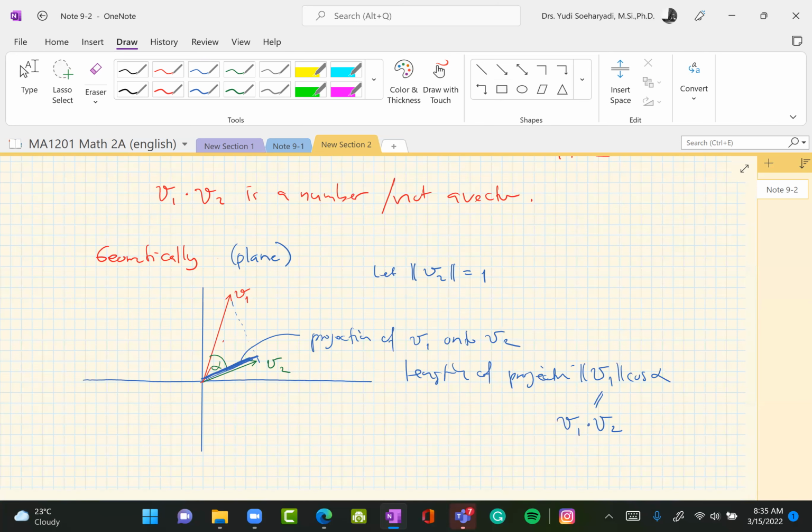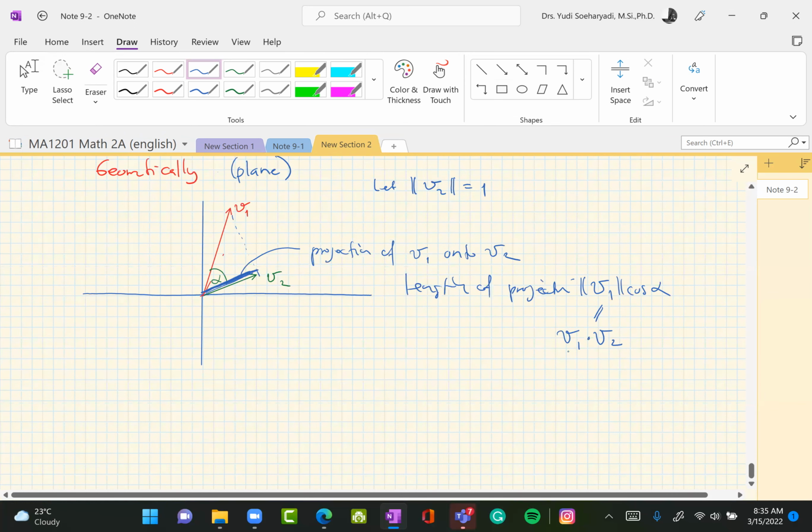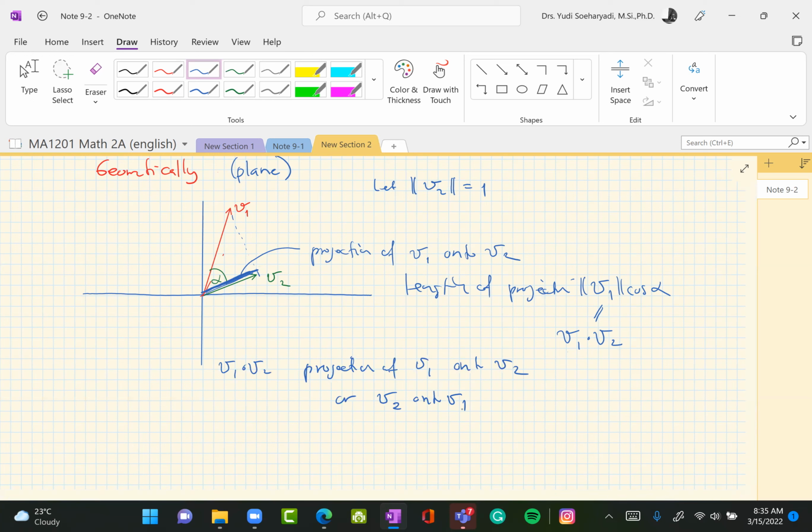You can think of the dot product as the projection of V1 onto V2, or the other way around, V2 onto V1. That's what we mean by the dot product.